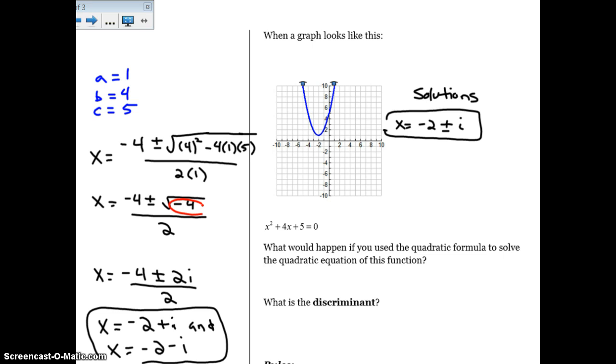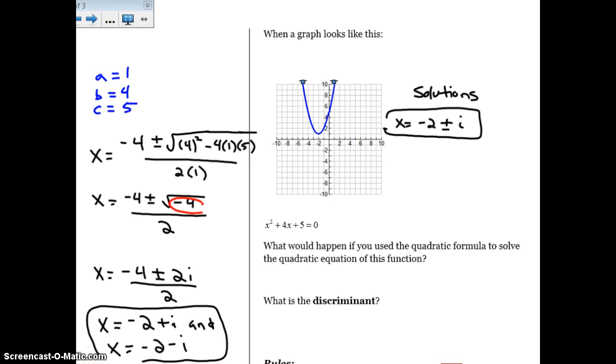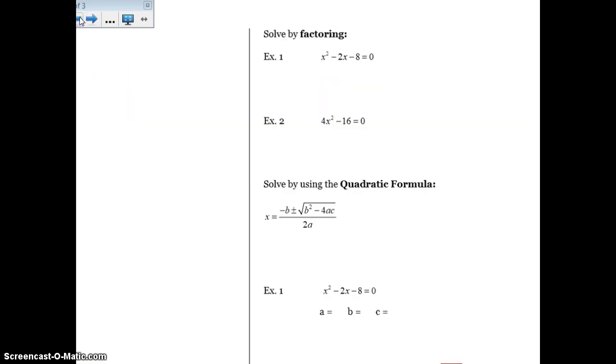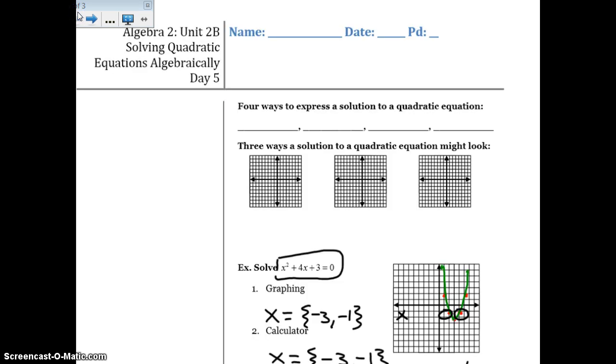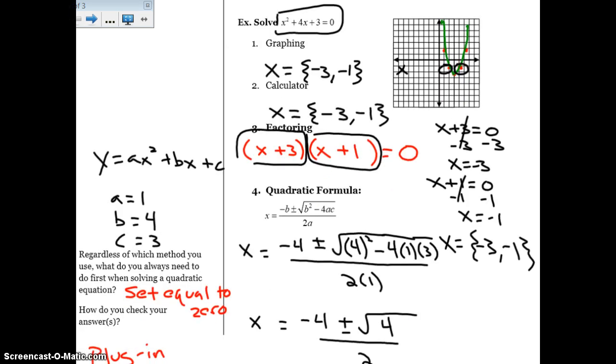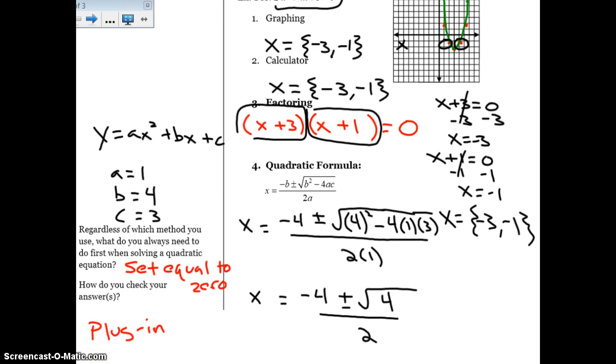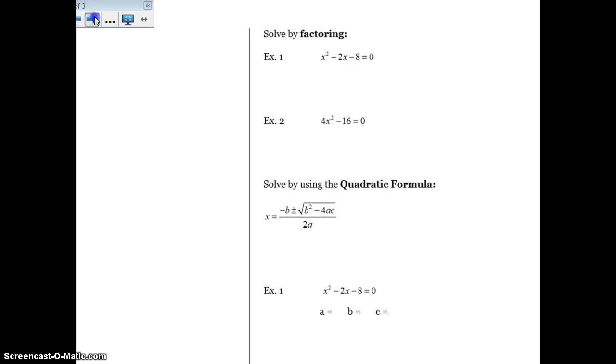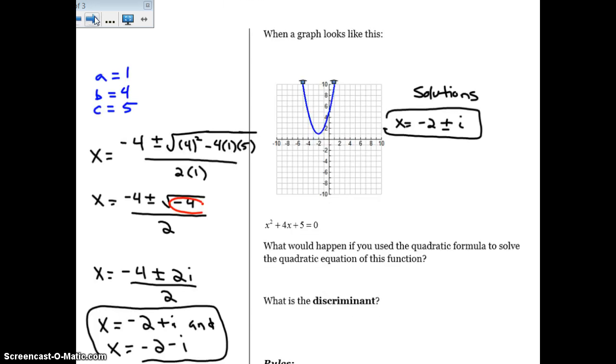And we found those using the quadratic formula. The discriminant in this case was negative 4. In our previous example, the discriminant was 4, positive 4, right? So in this case, it was negative 4.